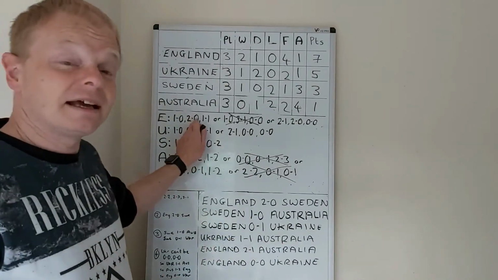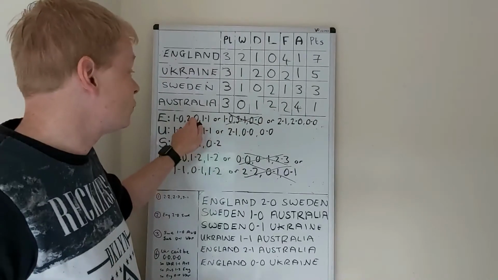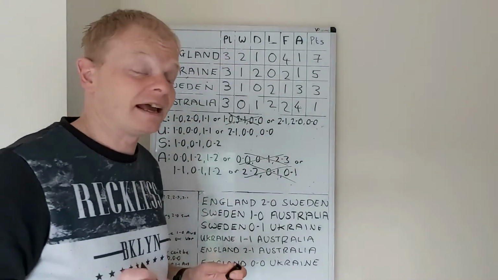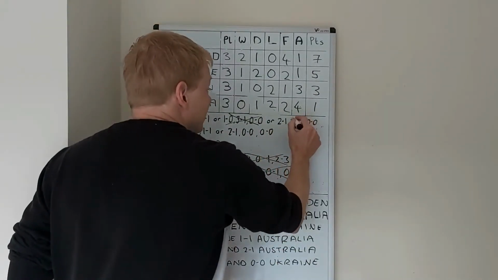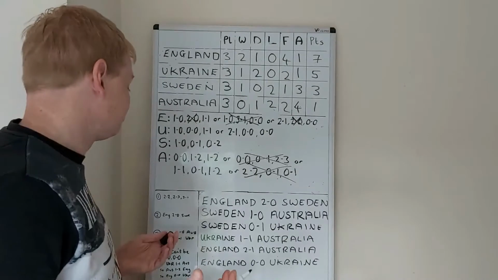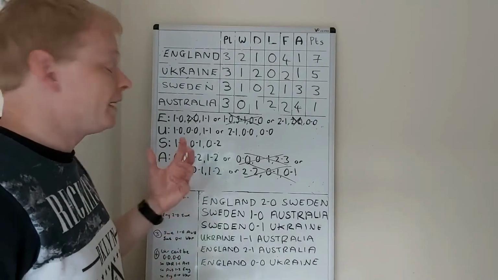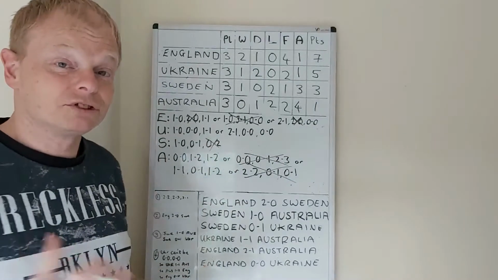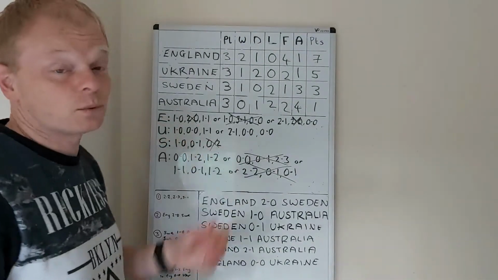Now, in the sets of results that England have got, there's a 2-0 in both of them, so we can't rule out an entire set yet, but we can take out those 2-0s. Because we know that one has gone, there's two more results that Sweden have got. One's a 1-0 win, one's a 0-1 loss.